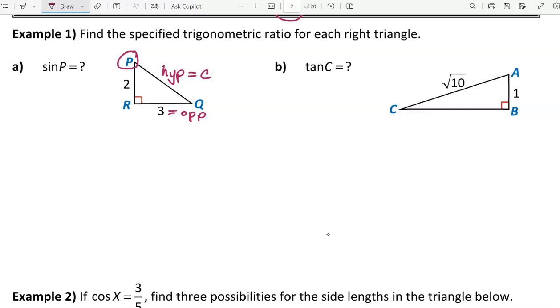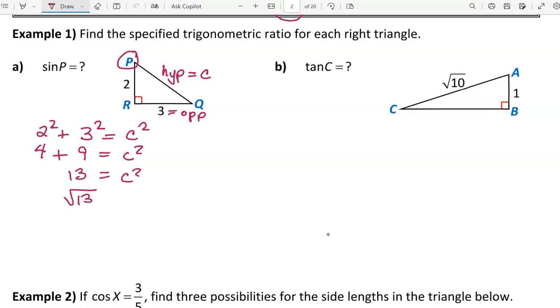Notice that C is not given in this right triangle, but we can figure it out. So we're going to use the Pythagorean theorem here. A squared plus B squared is equal to C squared, where C is the length of the hypotenuse. So 4 plus 9 is equal to C squared. 13 is equal to C squared. And that means that C must be the square root of 13. We're going to leave that in exact form as a radical.